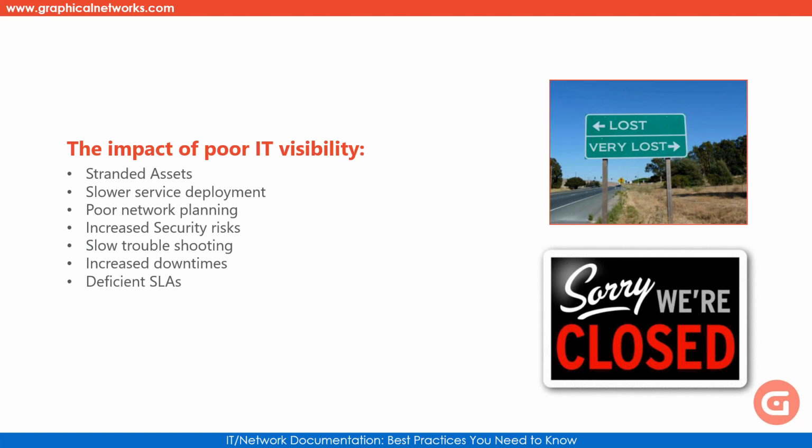So it will help increase faster mean time to repair. It will help you also manage the capacity within your organization. Easily find underutilized assets. We call them like zombie servers, zombie cables. So the impact of poor IT visibility does lead to these type of items.